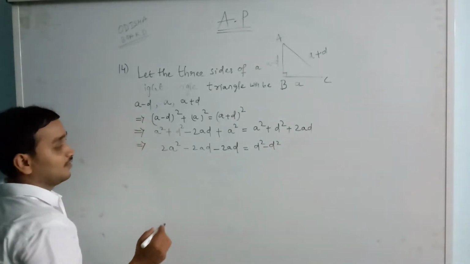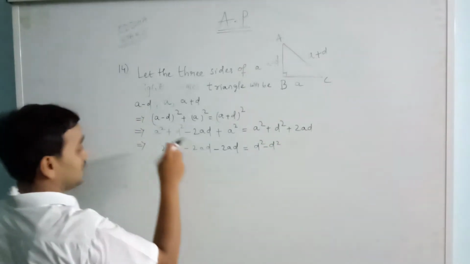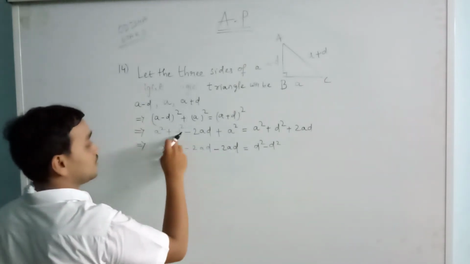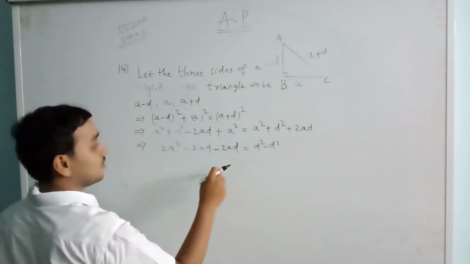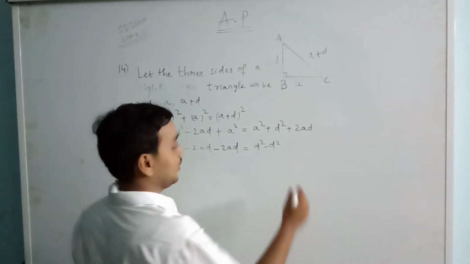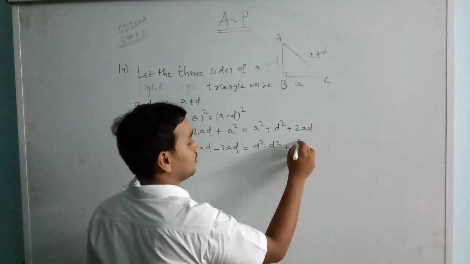Understood? Okay. See, A square plus A square is 2A square, D square minus D square cancels, and this will be the remaining number, A square.